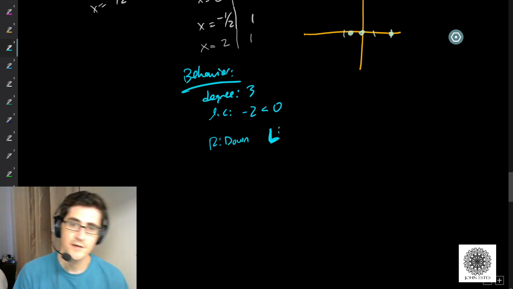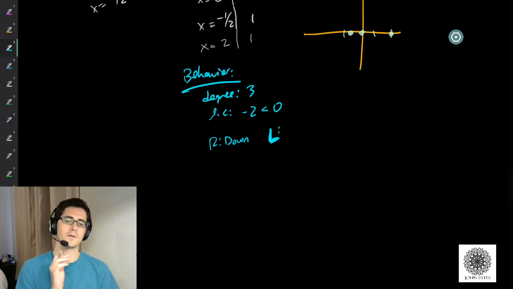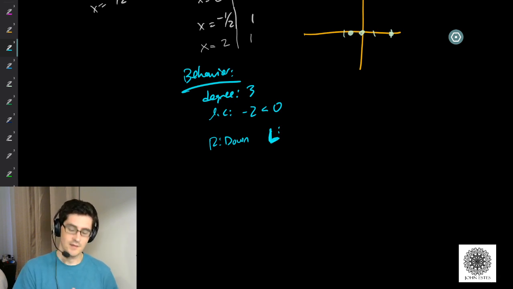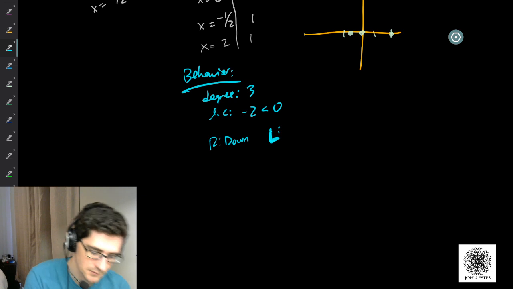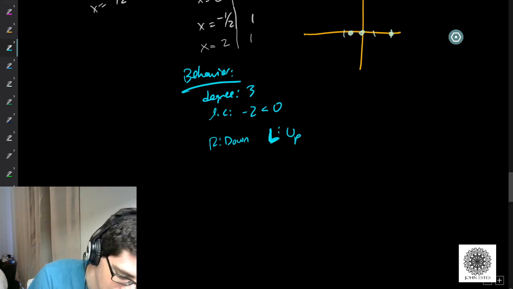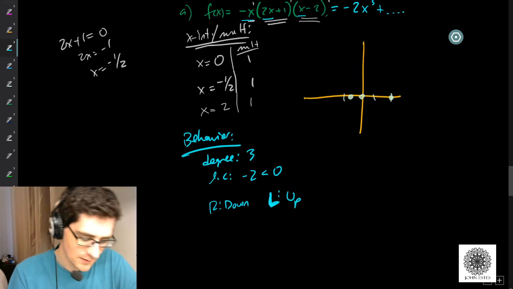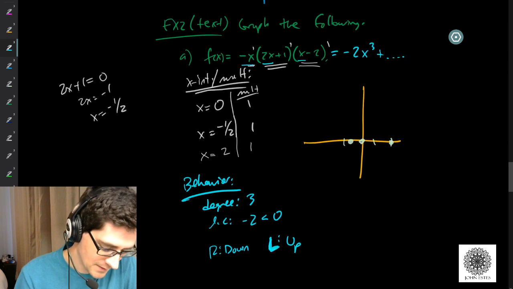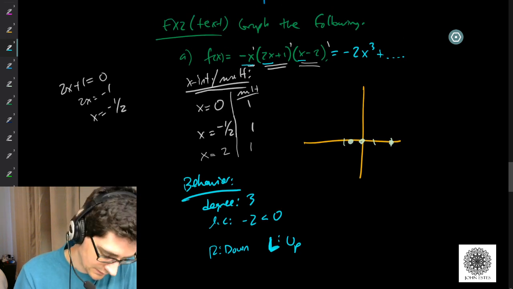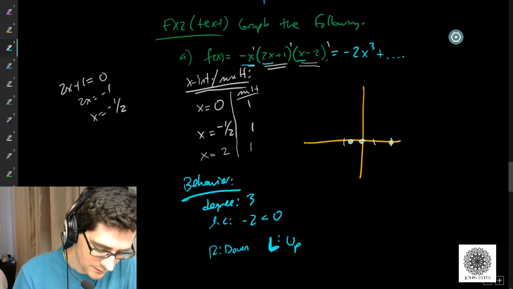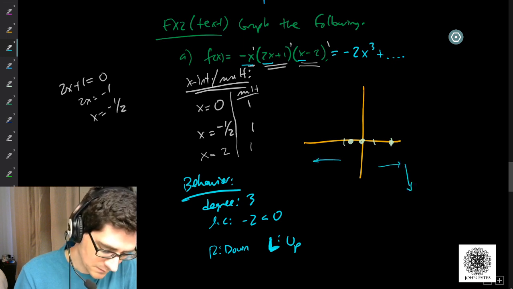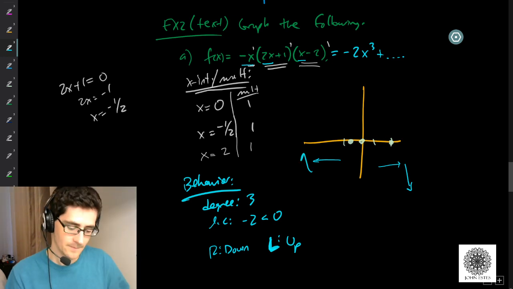Well, I have a degree 3 polynomial, and remember for odd degrees, they go different directions, right? So on the left, I'm actually going up. All right, so now I can sketch a graph of my polynomial, because I know on the right, as I'm going out this way, it's going to be going down, and as I'm going out this way, I'm going to go up, okay?